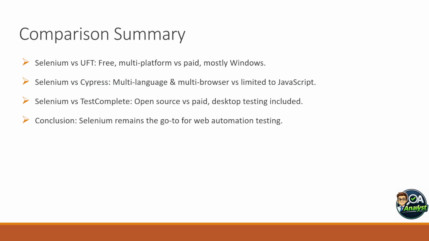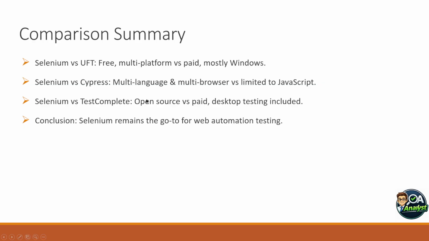So again, based on the application, they have some specific advantages. Selenium versus TestComplete: Selenium is open source, TestComplete is paid but offers desktop testing too. So that's why Selenium still remains the go-to tool for web automation testing.